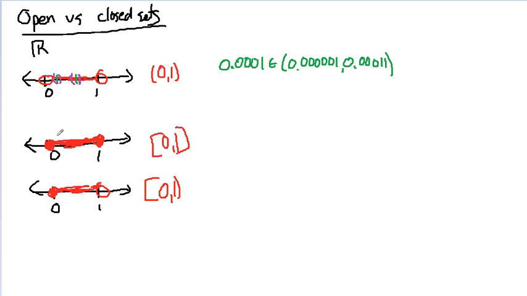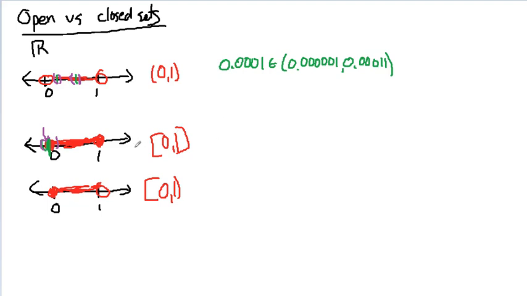This is not an open set because of 0. At 0, no matter how small I draw my interval, no matter how small I choose my intervals, I'm always going to contain points to the left of 0. Points to the left of 0 are not in there.